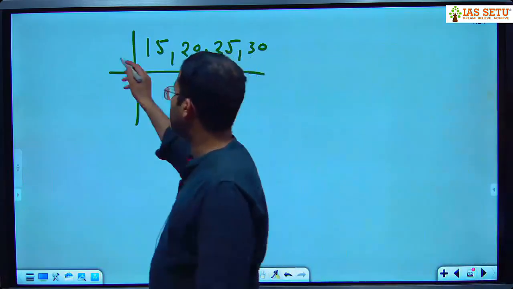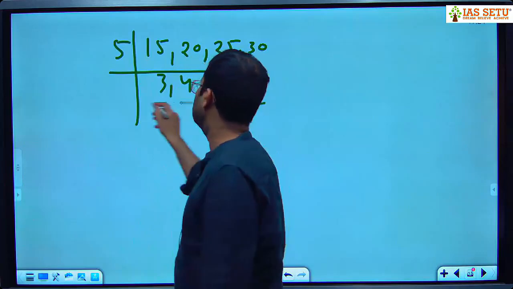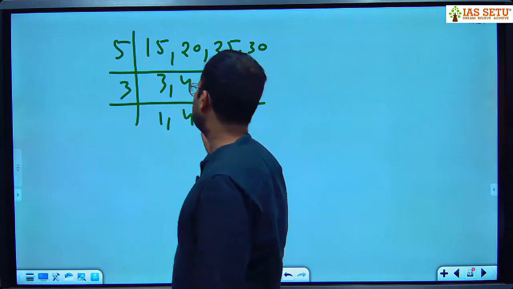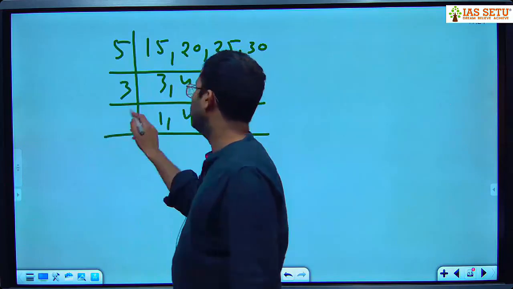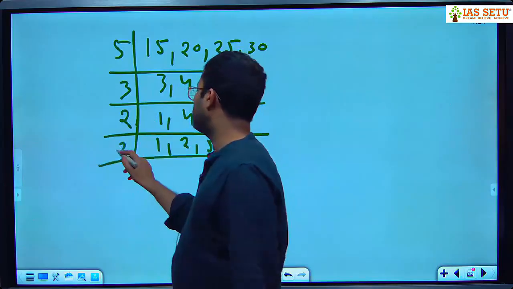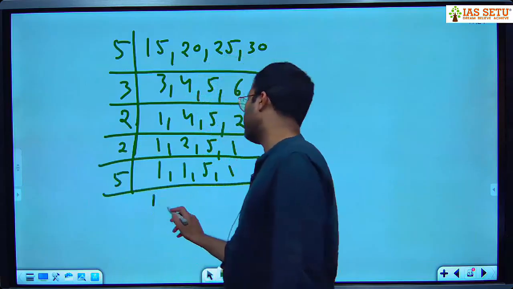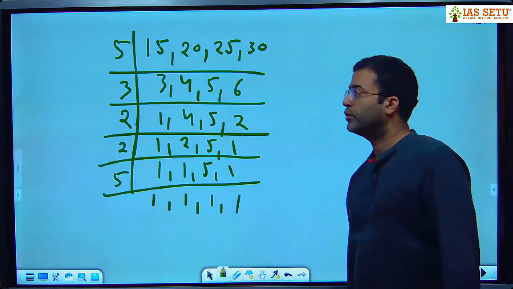First we take 5 common. This is 3, 4, 5, 6. Take 3 common. 1, 4, 5, 2. Take 2 common. 1, 2, 5, 1. Take 2 common. 1, 1, 5, 1. Take 5 common. 1, 1, 1, 1. Okay.